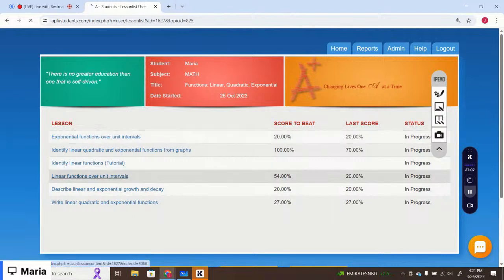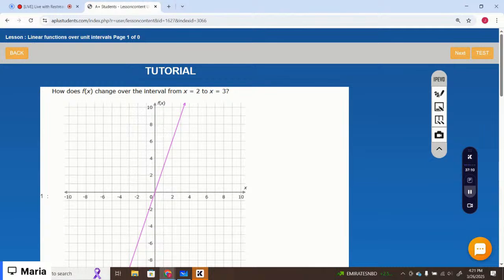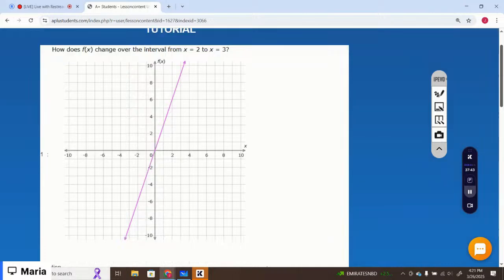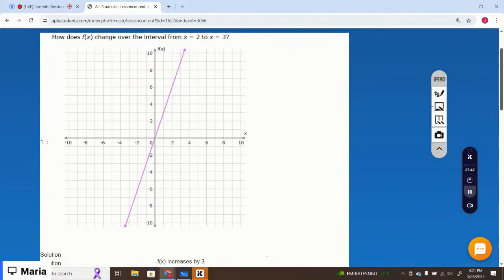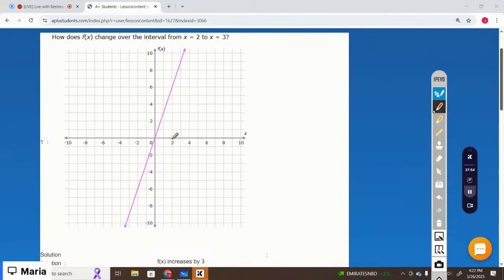The next lesson is linear functions over unit intervals. How does the function f of x change over the interval from x equals 2 to x equals 3?